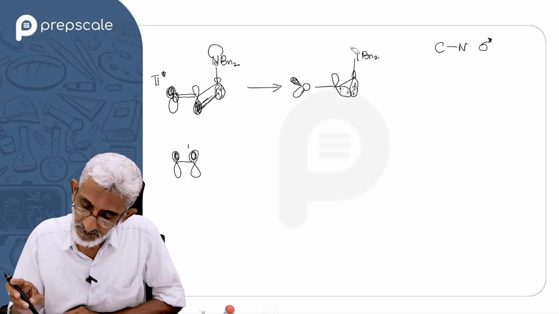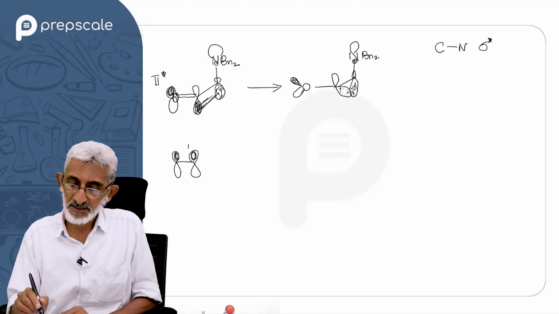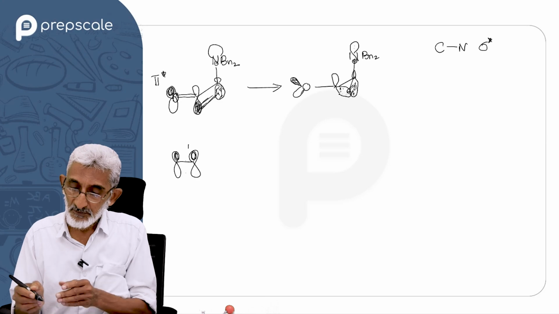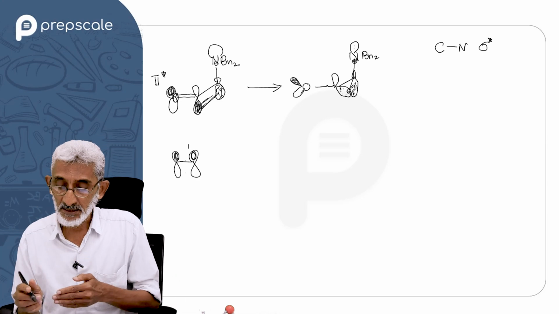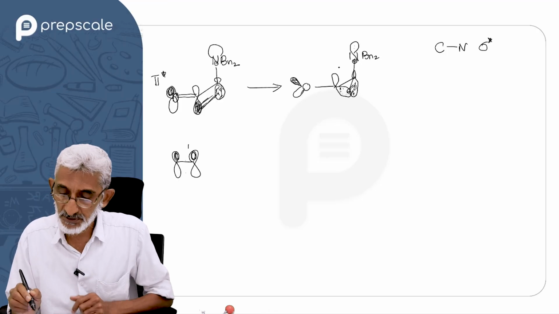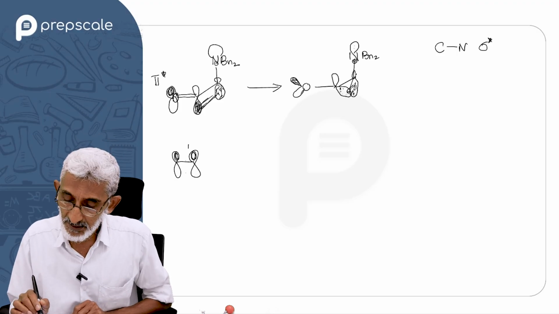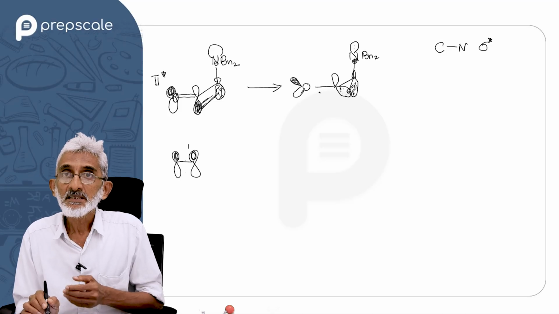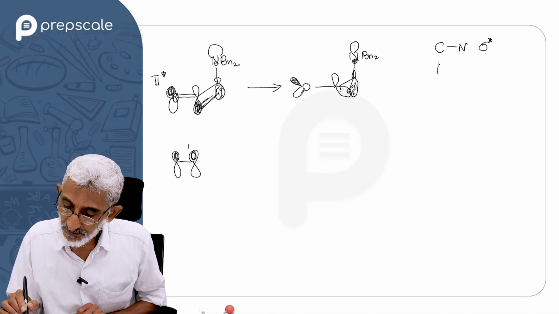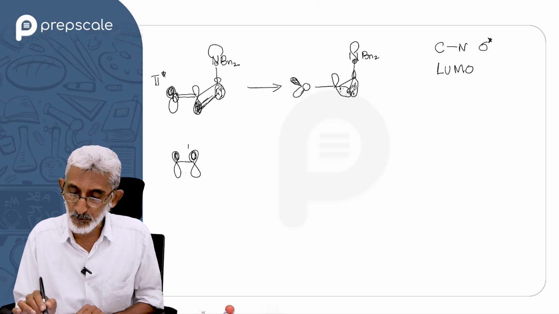So these two will be interacting. When they overlap with each other, these are antibonding orbitals. See, when the antibonding orbital of the N-C sigma bond slightly overlaps here, the LUMO energy will be reduced. Energy of the LUMO.